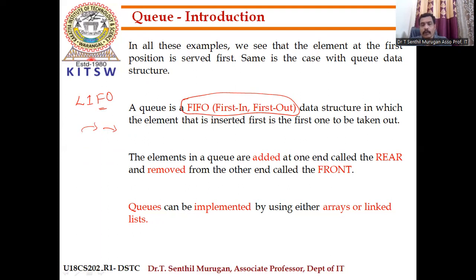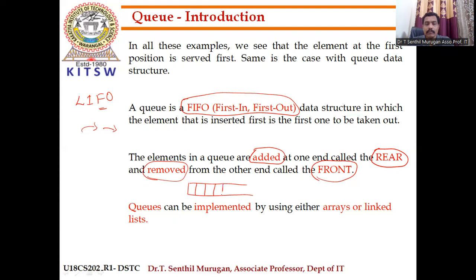The elements in a queue are added at one end called the rear. So whenever we want to add any element in the queue, it will be added at the rear position. If you want to remove any element from the queue, we use the other end, called the front end. For example, in data structure, this is the array. We will take this array. This is the queue.